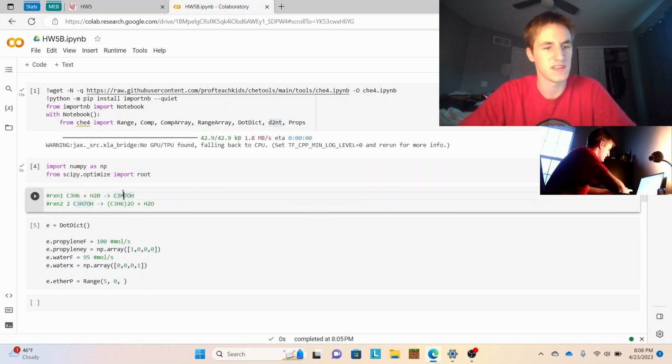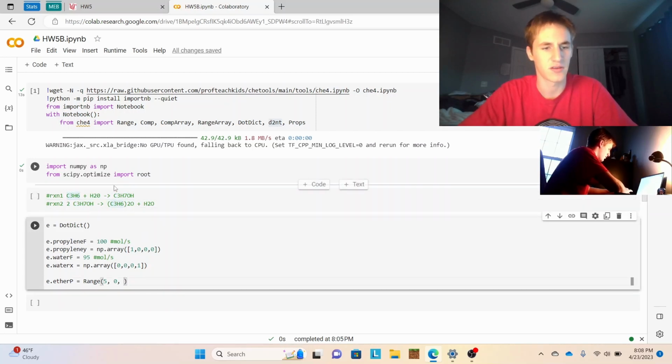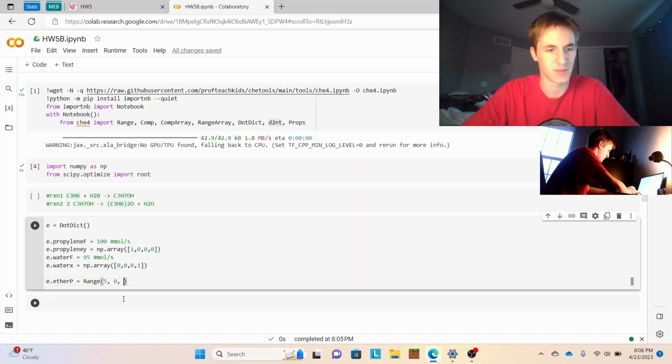So looking at this, we see for every 1 propylene, we get half an ether. So this maximum value will be our propylene feed over 2.